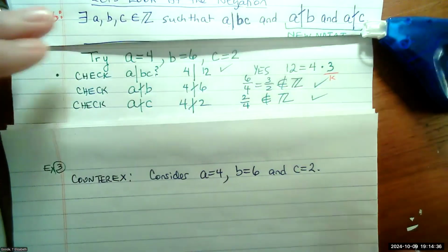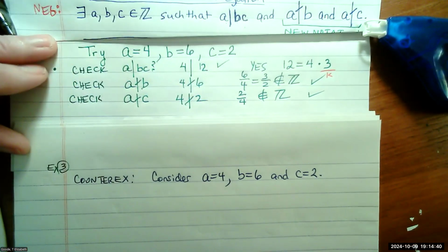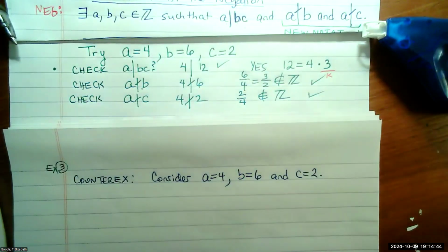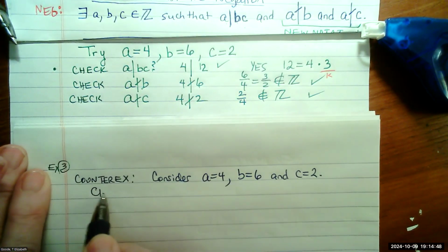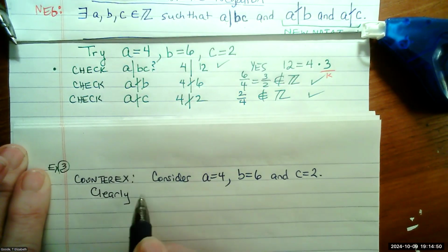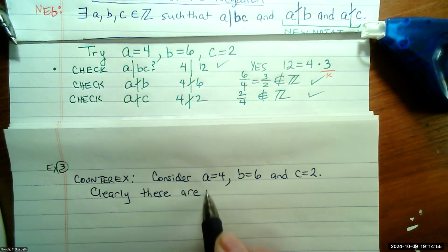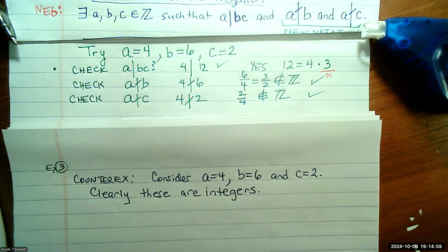We always have to verify that our example objects live in the correct domain. But that's easy. You can just say it. Everybody's going to believe you if you say, hey, these are integers. Clearly, these are integers. It's not that often that we can just say, hey, obviously, thus and such, but we can do that here.